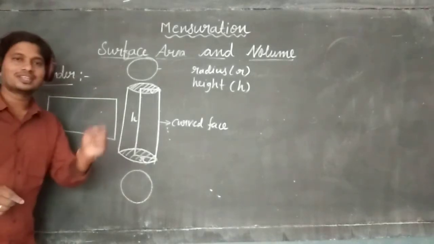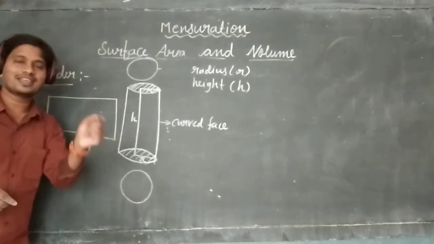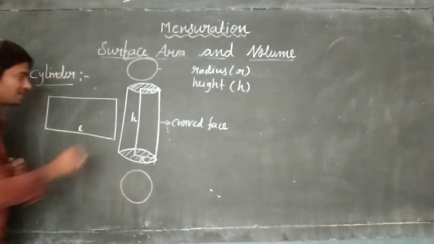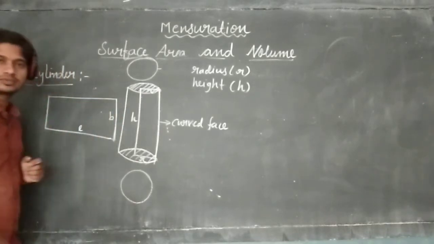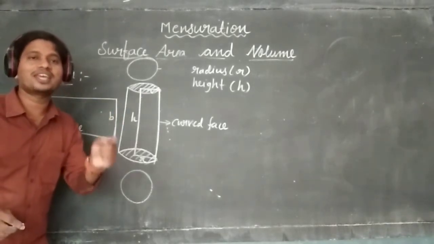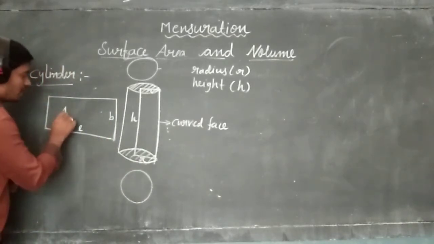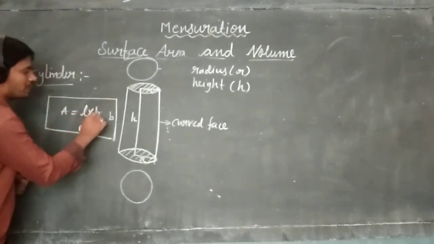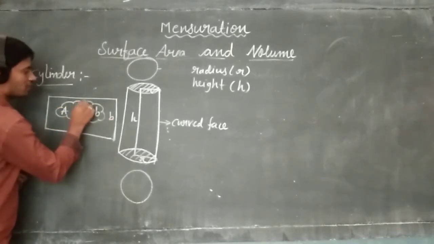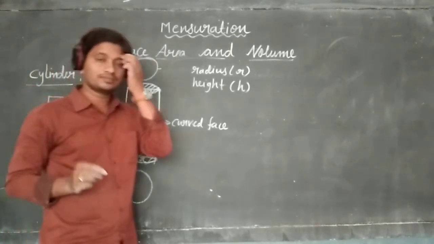As we know, the dimensions of rectangle are length and breadth. This is our length and this is our breadth. Also we know the area of rectangle is length into breadth.